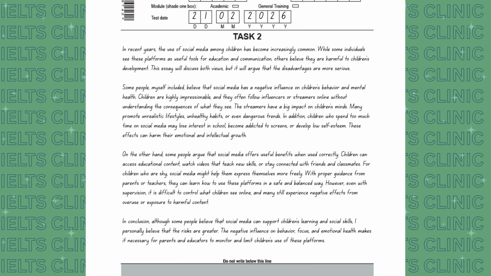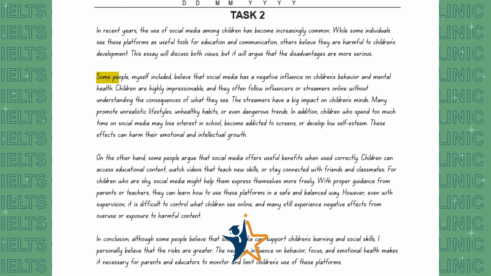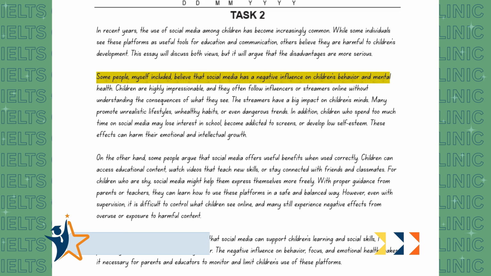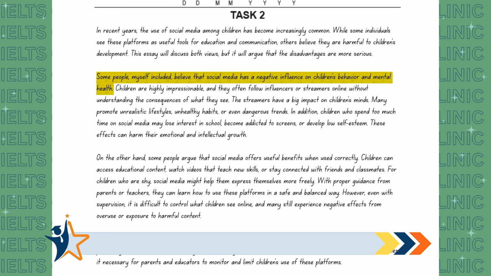In the topic sentence, the candidate wrote, "Some people, myself included, believe that social media has a negative influence on children's behavior and mental health." Here, the word influence is correct because we are talking about behavior and mental health, things connected to thoughts and actions.